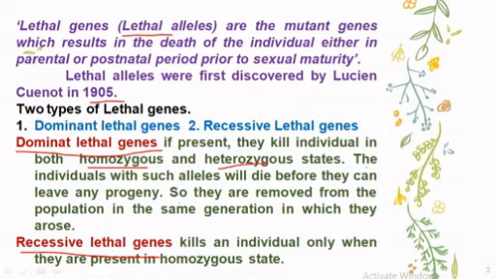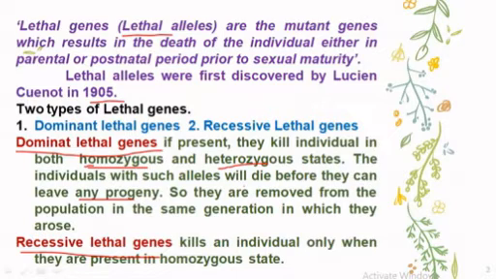So individuals with such alleles will die before they can leave any progeny. They are removed from the population in the same generation in which they arose. Here we have to note one thing: dominant lethal alleles kill an individual in both homozygous and heterozygous states.